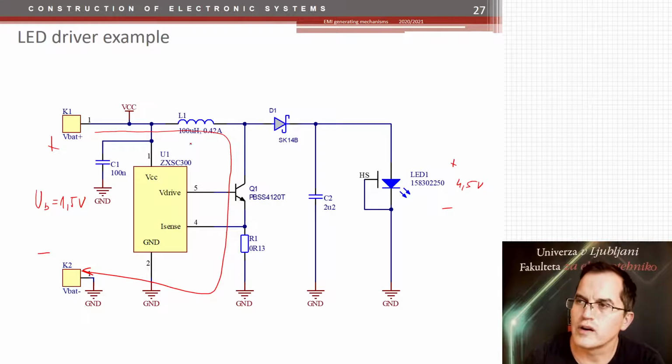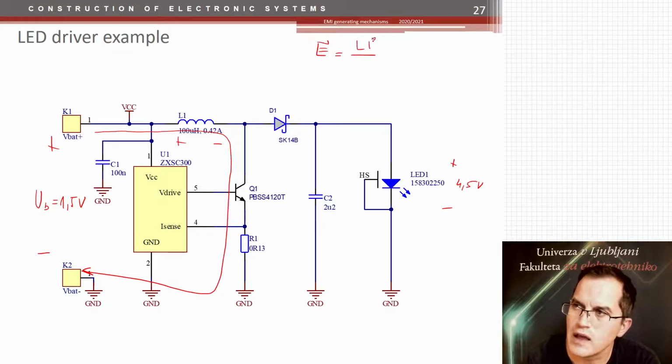Now on the coil we have voltage like that. In the coil there is a current, and the energy of the coil is equal to L i squared over 2. Now the current builds up here. This is the first case, when the transistor is on, and the second case is when the transistor is off.